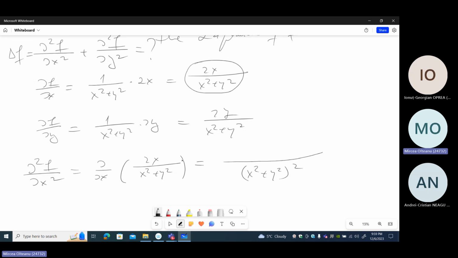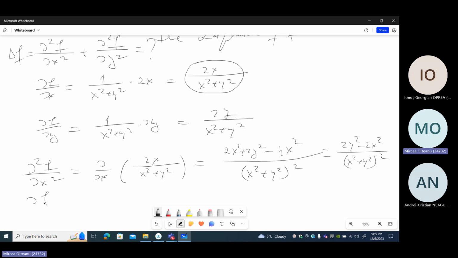Attention, here x is the only variable, y is a constant. So it will be 2x squared plus 2y squared, and then minus 4x squared. That means 2y squared minus 2x squared over (x squared plus y squared) squared.